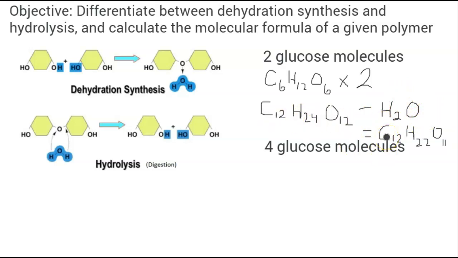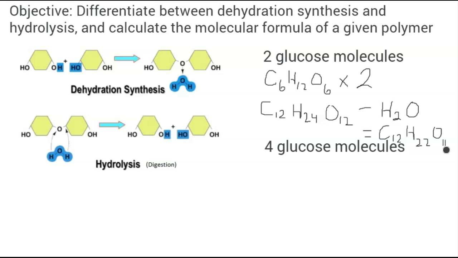The carbons always stay the same because you're not losing any carbons there. But we had 24 hydrogens, and now we're taking away 2. That gives us 22 hydrogens. And we had 12 oxygens, but we lost 1 in that 1 water molecule, so we're going to have now 11 oxygens. So with that knowledge, try calculating the molecular formula for 4 glucose molecules.